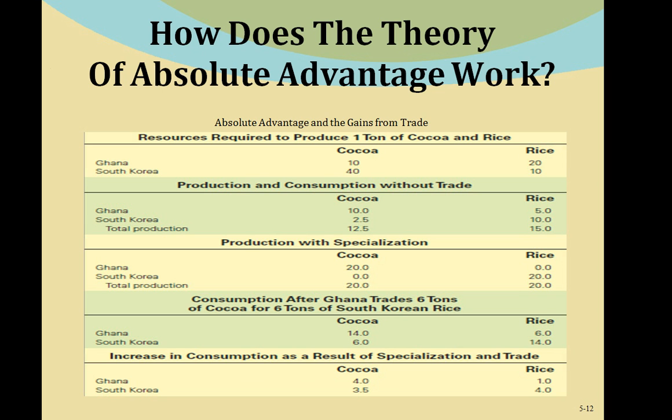How to get 4? It's very simple. This is the new, this is the base. So new minus base, you get this figure. Got 4. Okay, 14. 6 minus 2.5, you get 3.5.